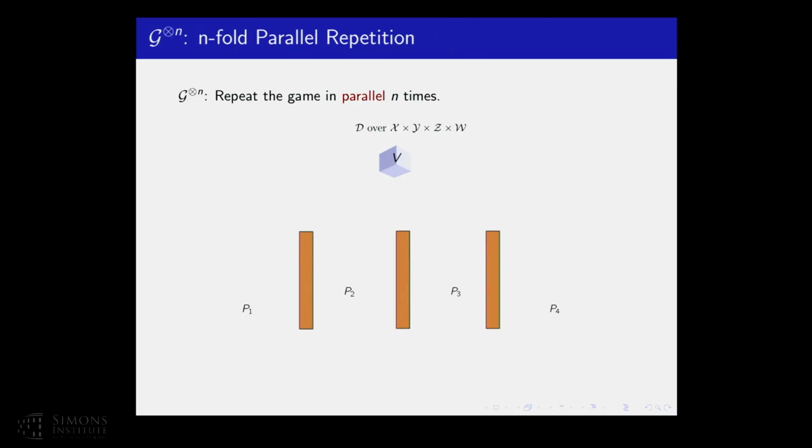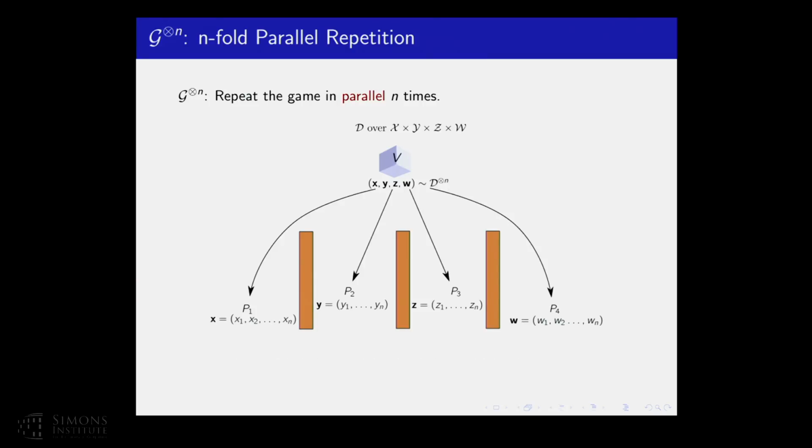Okay, so the construct that we want to analyze is the n-fold parallel repetition. What happens in this? The verifier draws not one tuple of questions, but n tuples. All of them are drawn IID from the same distribution D, and the respective parts are sent to the provers. For instance, P1 receives x1 to xn, P2 receives y1 to yn, and so on.